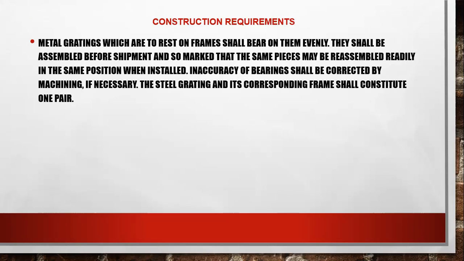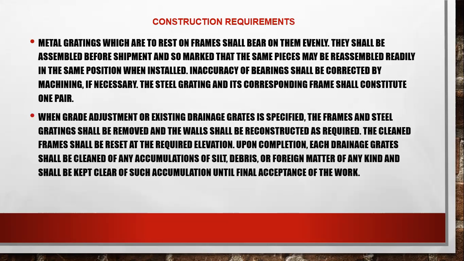They shall be assembled before shipment and so marked that the same pieces may be replaced in the same position when installed. Next, when grade adjustment of drainage grates is specified, the frame and steel grating shall be removed and the wall shall be reconstructed as required.